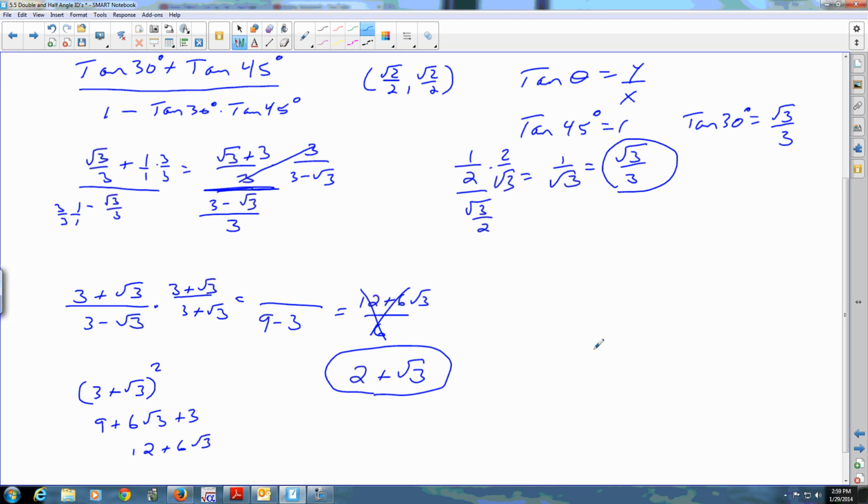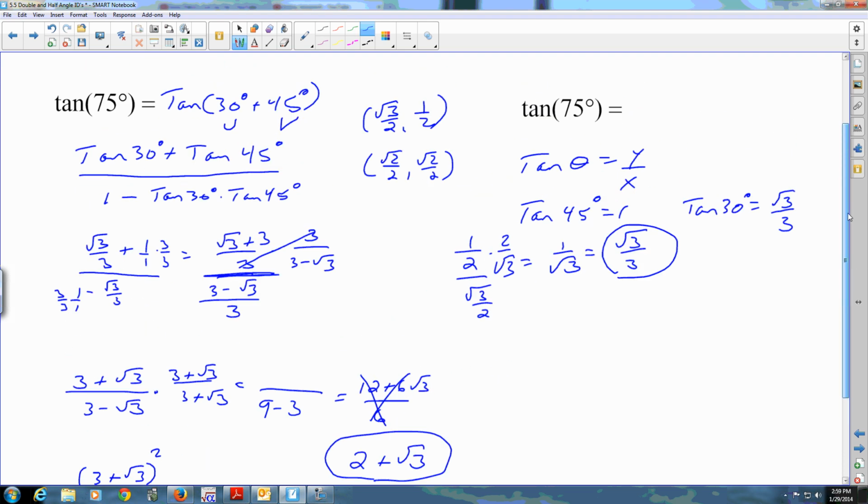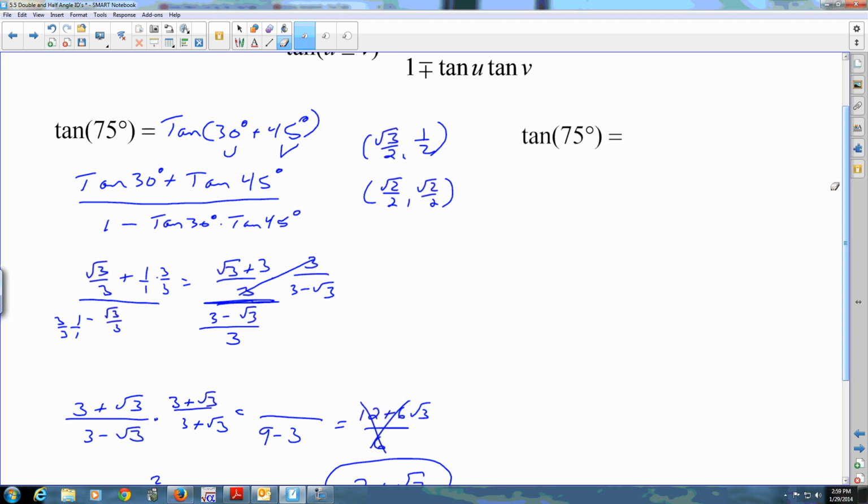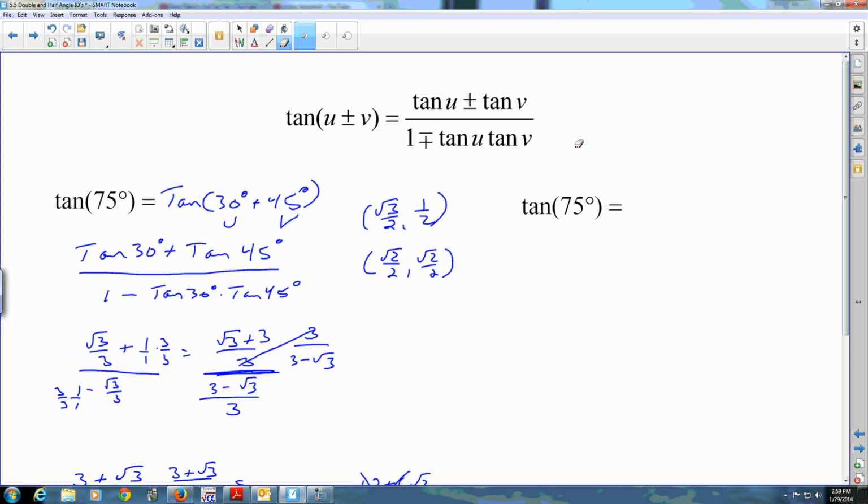All right? Now, to show you it with the other one, I know that you guys believe me that they work by now, but just to show you that it works and you're following the pattern. Okay? If you guys did this as tangent of 135 minus 60, then that's u minus v, so you're following the pattern of u minus v, so it's the bottom symbol.